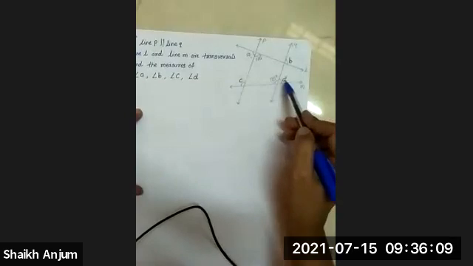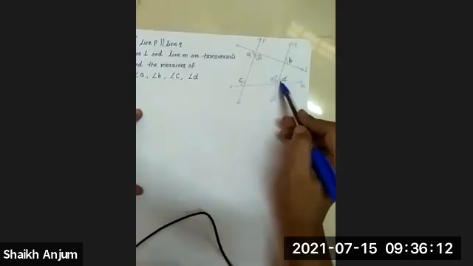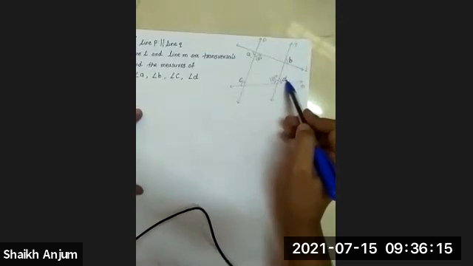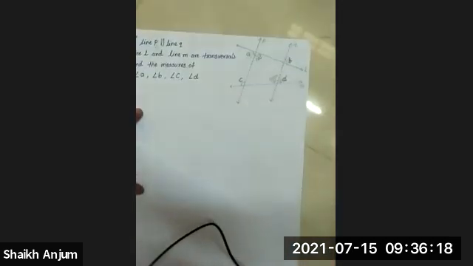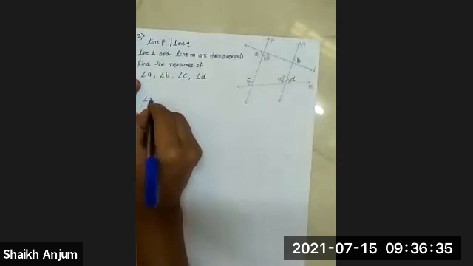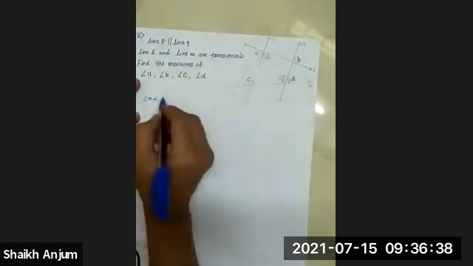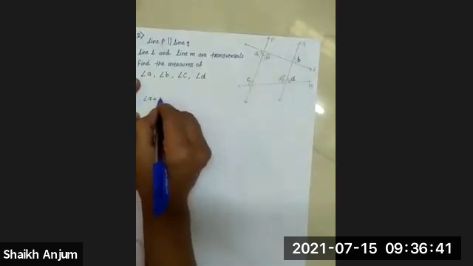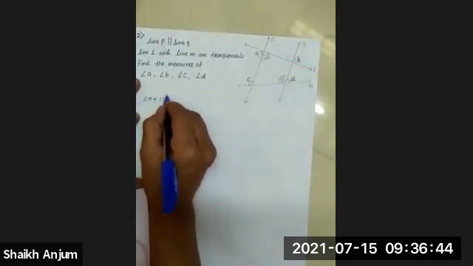So by that property you can find angle A, and this is again one of the linear pairs, so you can find angle D. First we will write for this angle A. Angle A plus this measurement, the label is not given, so we will directly write the measurement 110 degree.